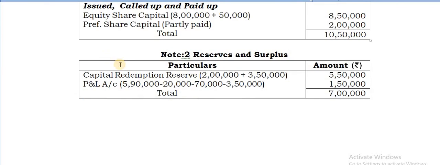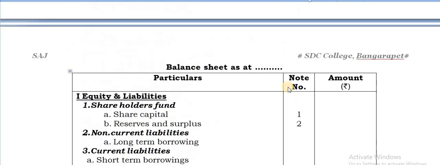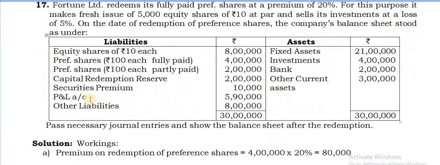That is what is being shown here. From 5 lakh 90,000 minus 20,000 minus 70,000 minus 3 lakh 50,000, the balance still available is 1 lakh 50,000. So that totals 7 lakhs. Now you can see from the old balance sheet, among the three reserves here, one is capital redemption reserve, that will be there.